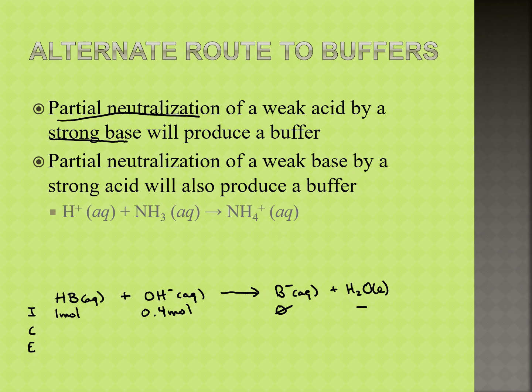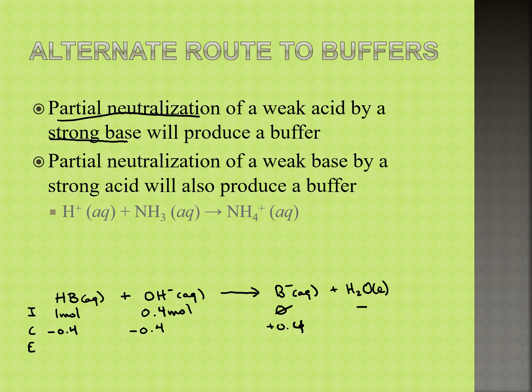Well, they're going to react 1 to 1, and so their limiting reactant is the OH. So they're going to go down each by 0.4, and the B is going to go up by 0.4.